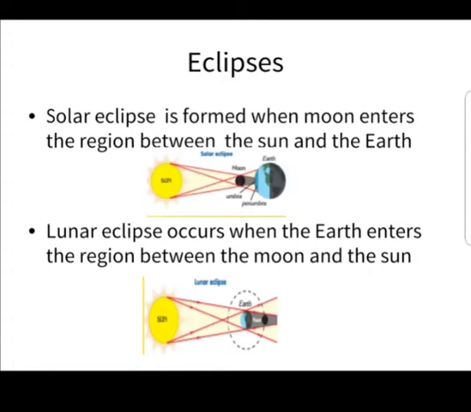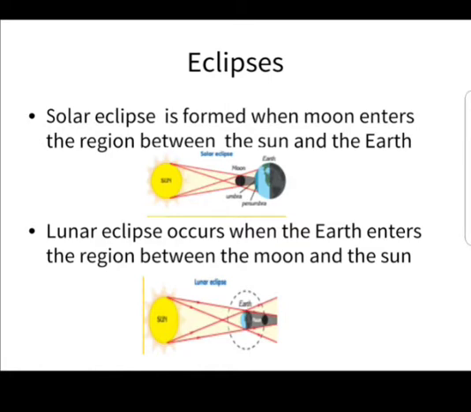Eclipses. So since we said if we block the light a shadow is formed, we have these natural shadows that are formed in the Earth. The first is related with the solar eclipse and the second the lunar eclipse. Solar eclipse is formed when the moon enters the region between the sun and the Earth. In this case, what happens?